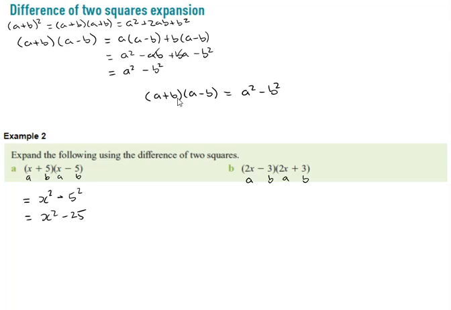Whether multiplying the first one first or the second one first, it doesn't matter. We're going to take the a squared and the b squared. So our a squared is 2x squared minus our 3 squared. To simplify it, 2x squared is going to be 4x squared minus 3 squared, which is 9.